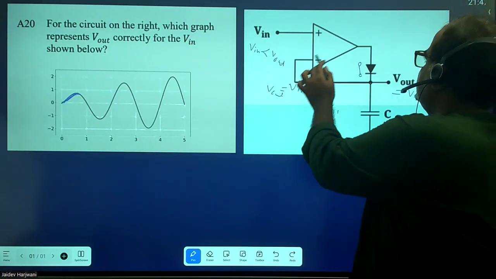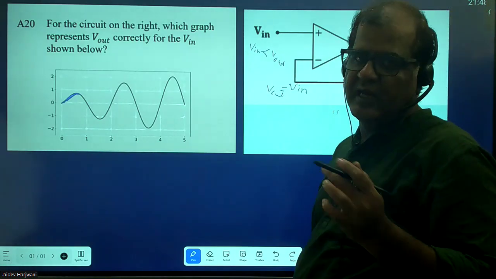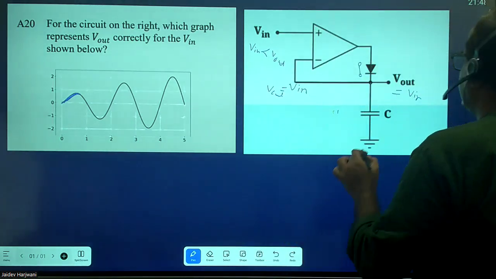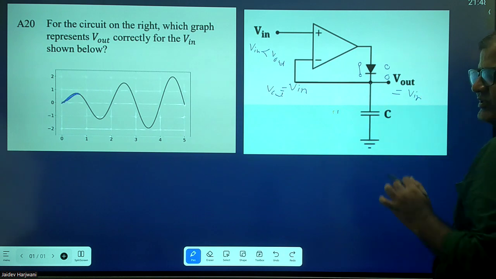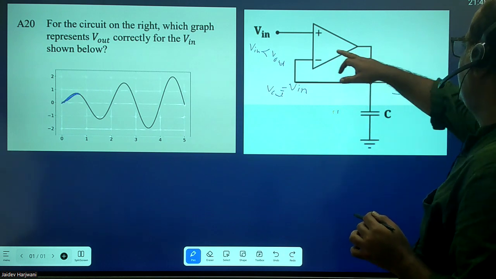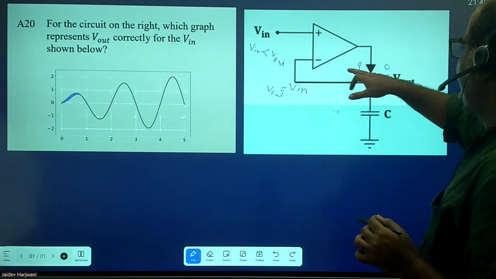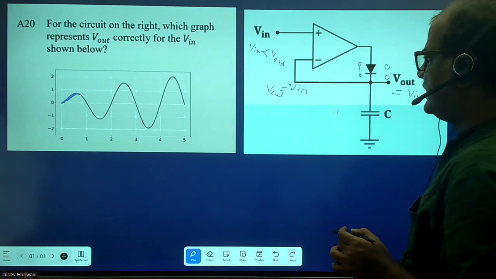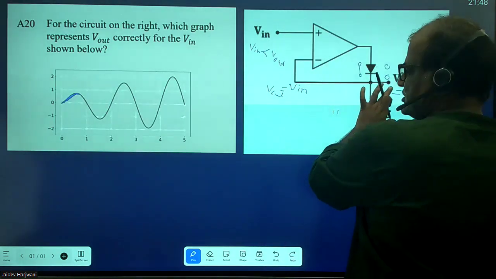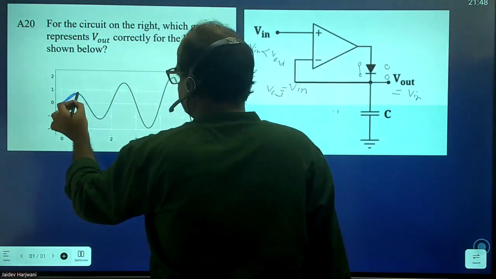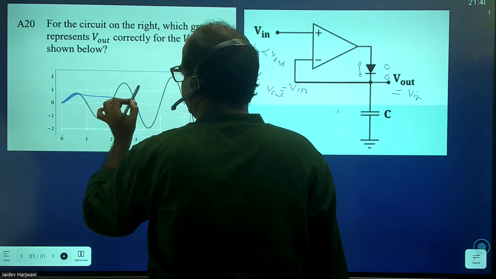That means the op-amp will now go to negative saturation. And when it goes to negative saturation, this diode will open and there will be no further charging, because now there is an open loop configuration. Now the capacitor will maintain this voltage, so V output will be fixed.